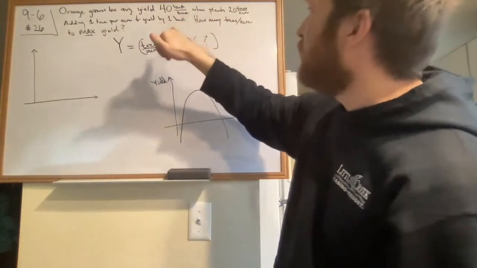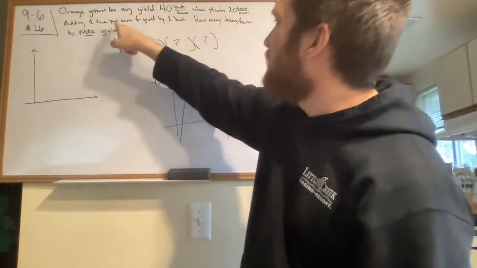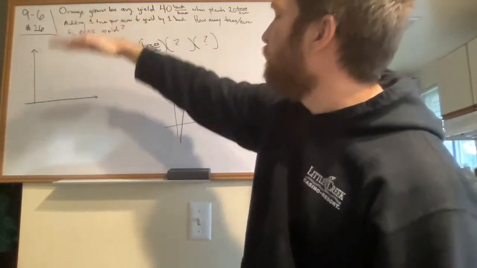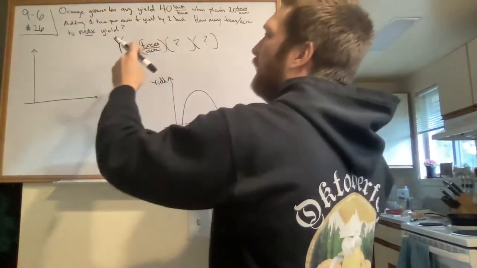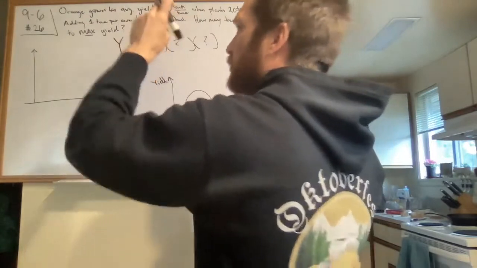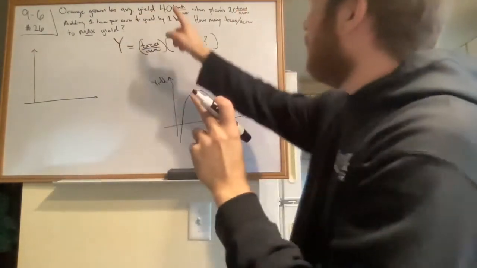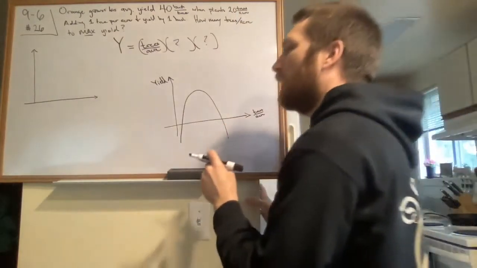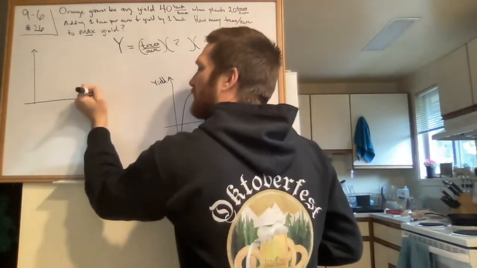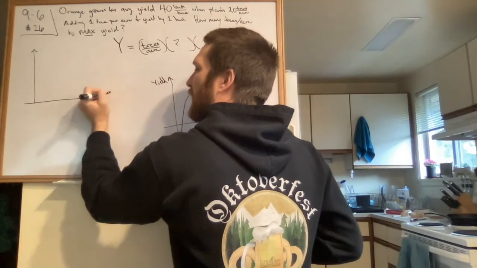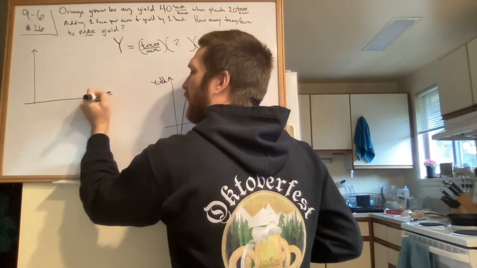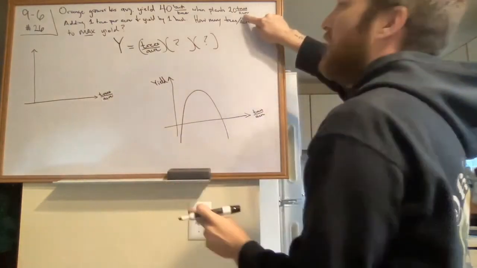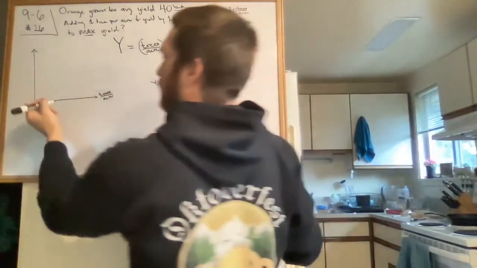What's the value? Well, it says adding 1 tree decreases the yield by 1 bushel. So we could think about bushels per tree. It says an average yield of bushels per tree when 20 trees per acre are planted. So I think of my input as 20 trees per acre.